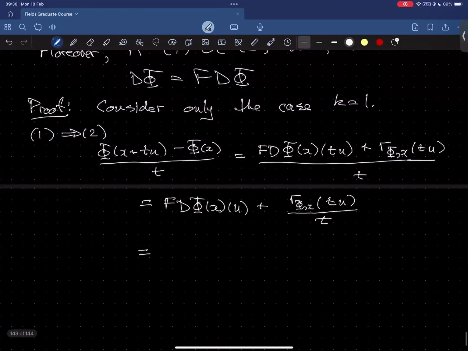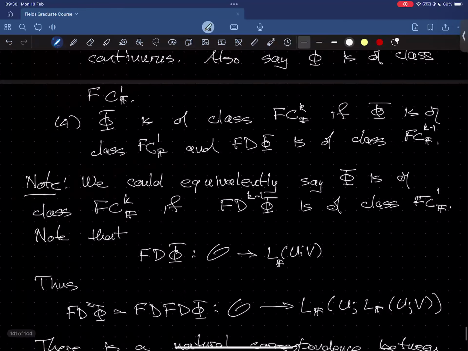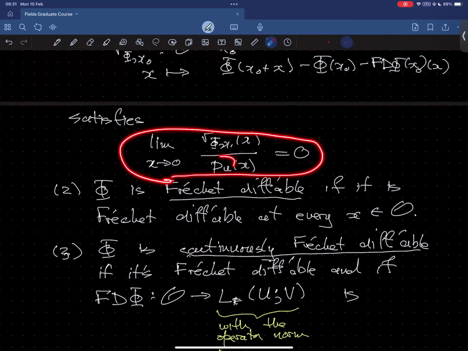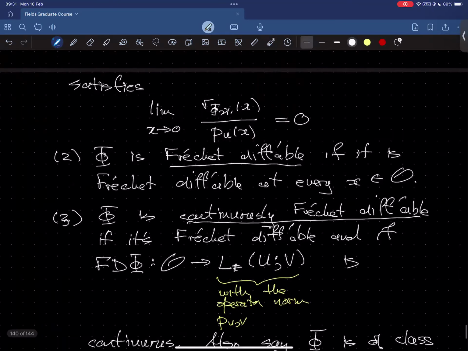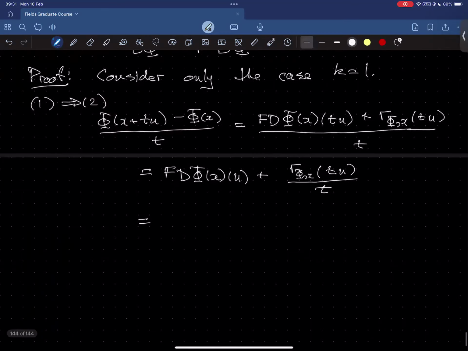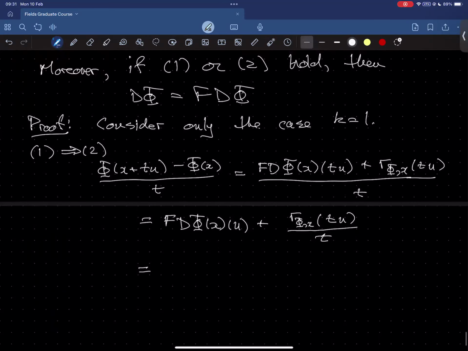Now I'm going to do a simple manipulation. What do I know about the remainder? I know that the remainder satisfies a condition like this. I want to get the norm of u in there somehow, so you do the obvious thing: you multiply and divide by the norm. For the time being I'm assuming that u is not equal to 0, because I'm going to divide by the norm of u.